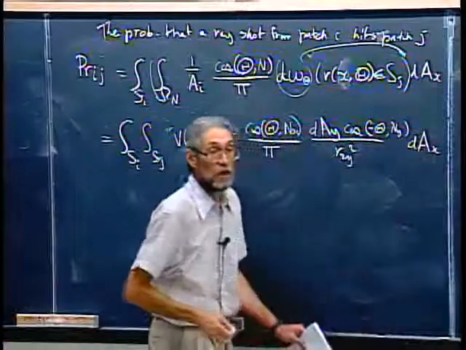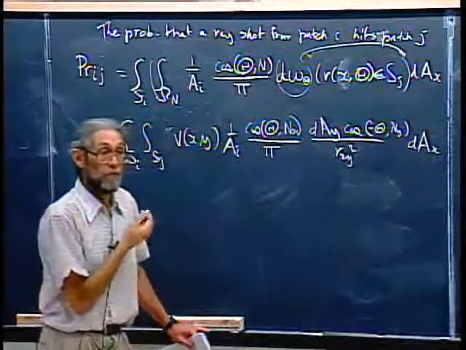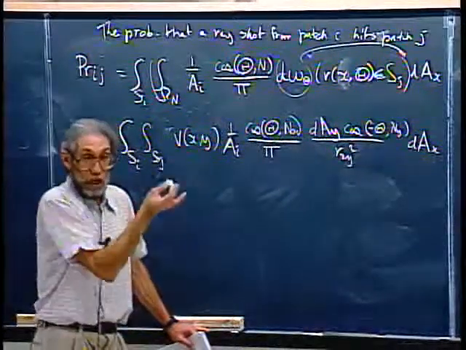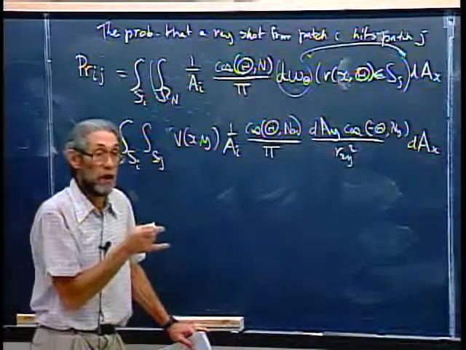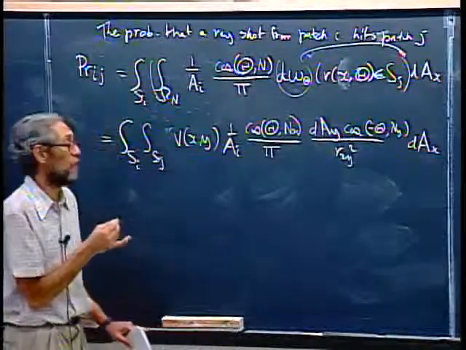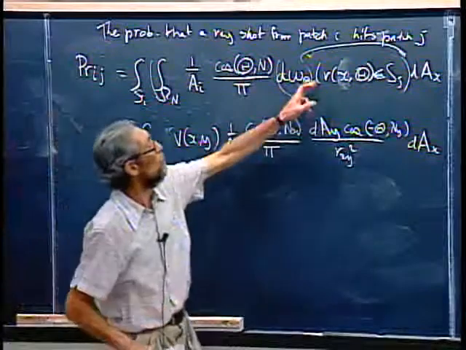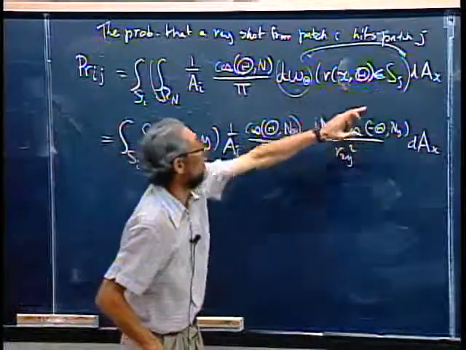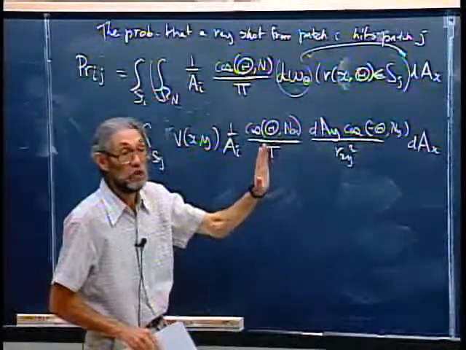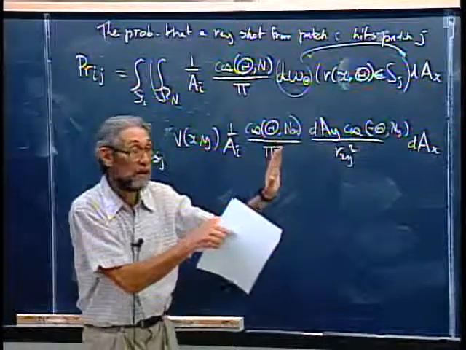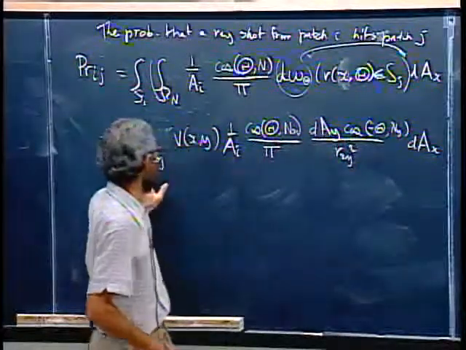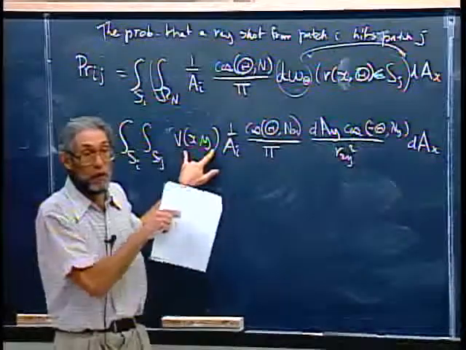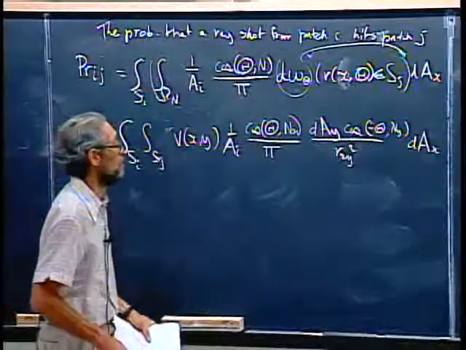Right? That's just conversion of the angle integration into an area integration that we've done a couple times already. And the fact that the ray hits patch Sj, we're only integrating over directions that do aim at Sj by integrating it this way, but we still have to check the visibility that those rays don't hit something else first.